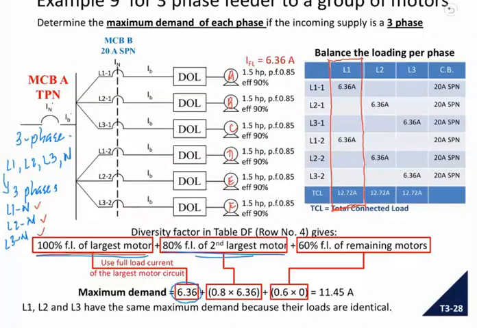And you notice that in this single phase, there are no more motors. So for the last aspect, 60% of the remaining, it is actually 0, not required. So we end up with only 11.45 as the maximum demand.